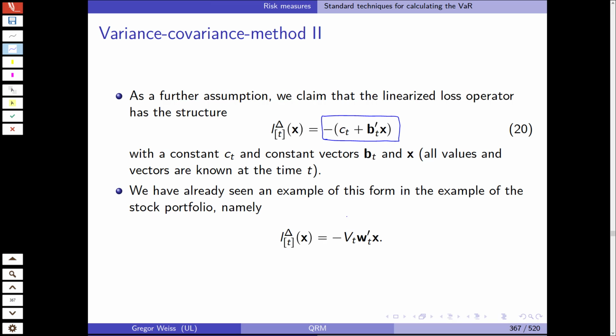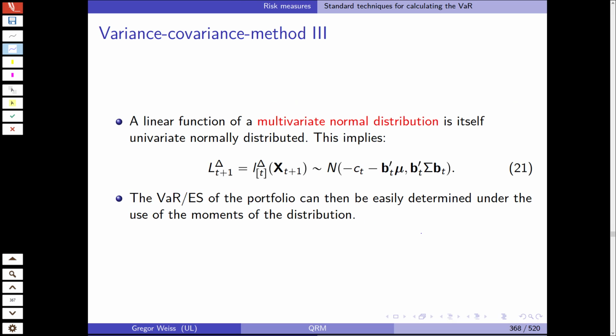And in this case, we needed the value of the portfolio and the portfolio weights and the log returns as risk factors. And then we know that if we have normally distributed risk factors and a linearization, the losses are also normally distributed. You can see that this follows a normal distribution with slightly adjusted mean vector and variance-covariance matrix.